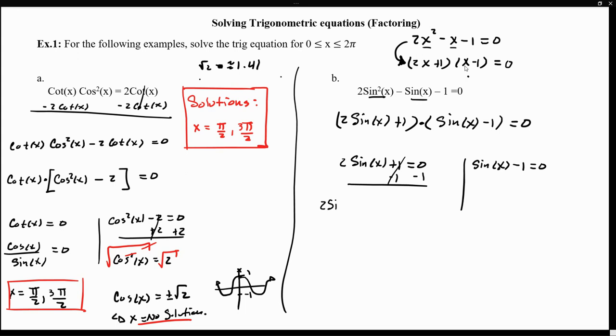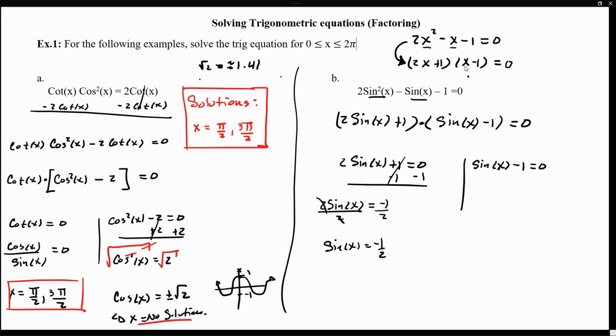So now we got 2 sine of x is equivalent to negative 1. Let's isolate the sine, so divide by 2. So now we have sine of x is equivalent to negative 1/2. And now we stop here for a second and think about what values of x I can use that, if I evaluate them with the sine function, it gets me negative 1/2.